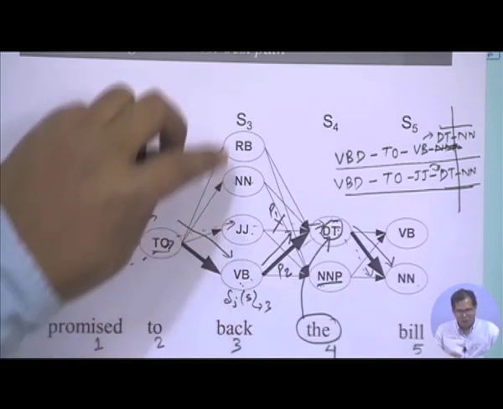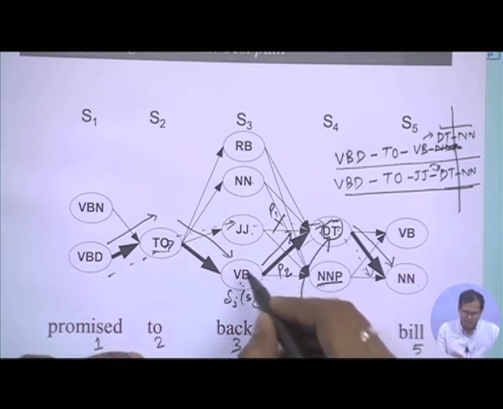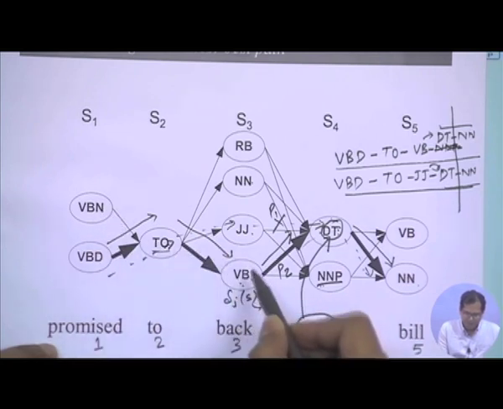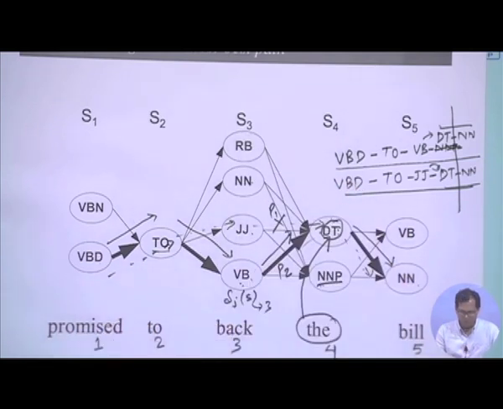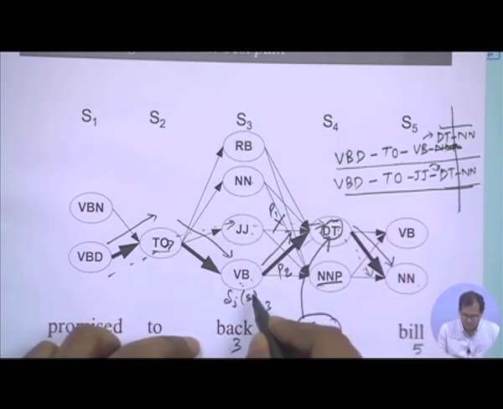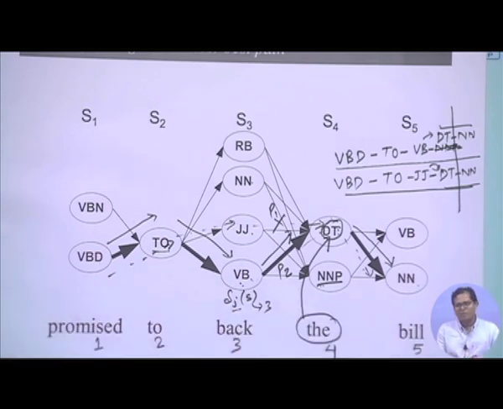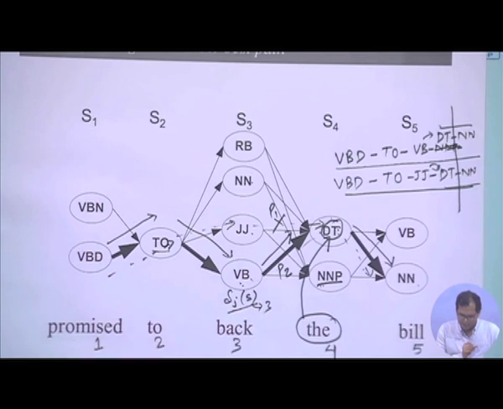So I have stored for all these 4 different part of speech tags the cheapest cost of arriving at this point. What does that mean? I know at this point which path is better, VBD TO VB or VBN TO VB. So for this state, I store the optimal cost, or the most probable path.